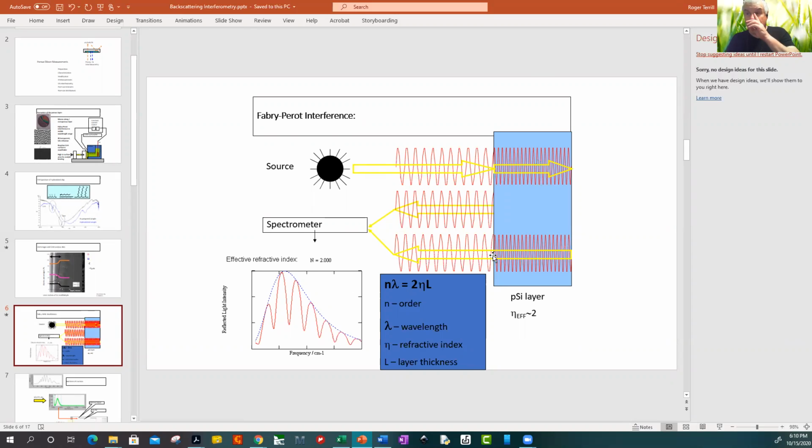And this beam recombines with the top surface reflection into the spectrometer.